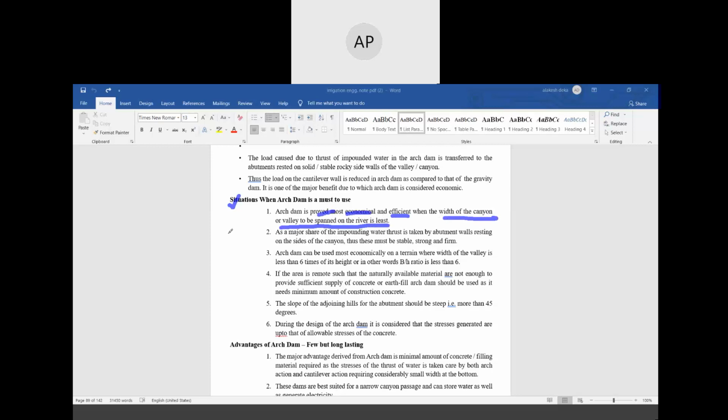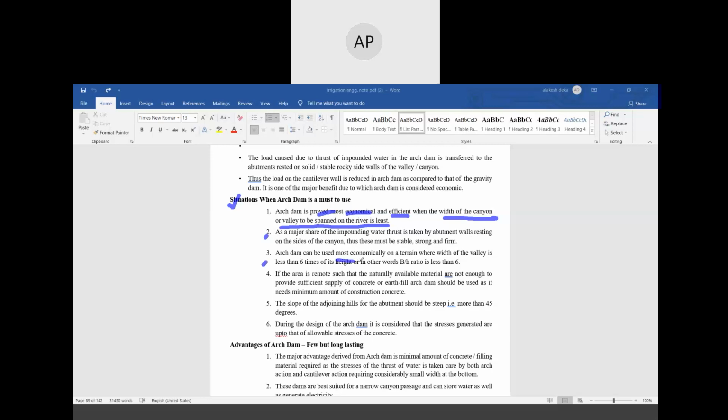So if there is a canyon and the width of the canyon is small, then we can use an arch dam. As a major share of the impounding water thrust is backed by abutment walls resting on the sides of the canyon, these must be stable, strong and firm.